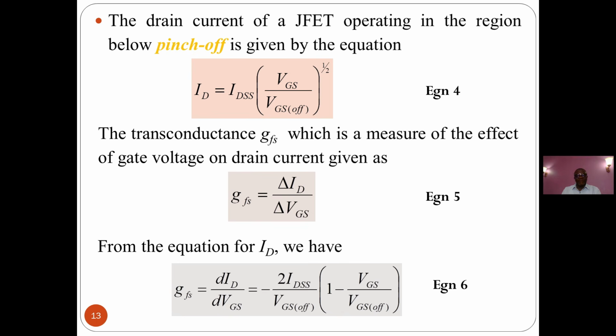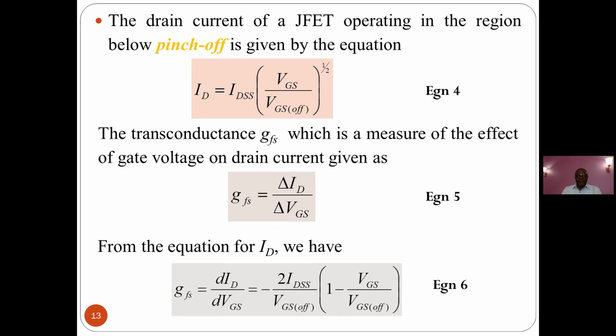We now come down to the transconductance G subscript FS, which is a measure of the effect of gate voltage on drain current, and is given as G subscript FS, which is equal to change in ID over change in VGS. Equation 5.